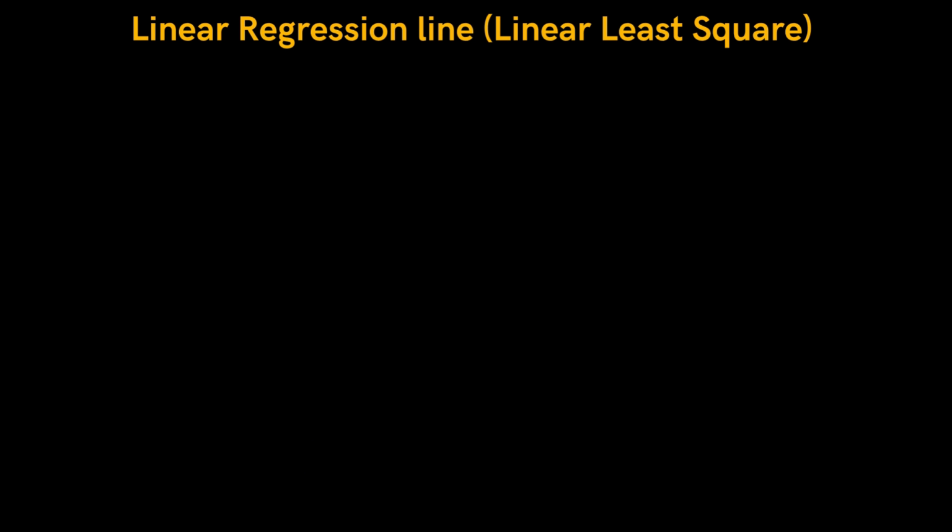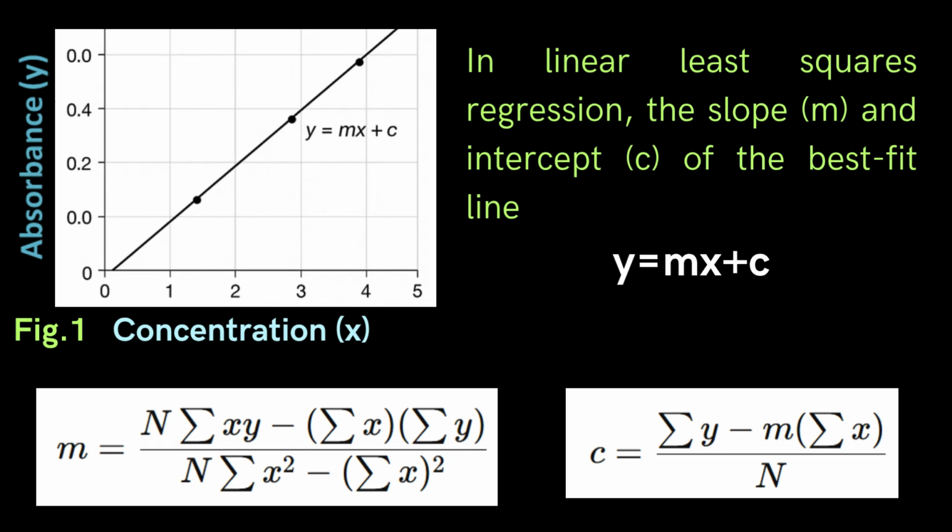is expressed as a linear equation, y is equal to mx plus c, where m is the slope and c is the intercept. Let us see figure 1, a standard calibration curve drawn between concentration and absorbance in colorimetry or UV-visible spectrophotometry, or atomic absorption spectrometry. The linear regression line will be y equal to mx plus c, where m is n into summation of xy minus summation of x multiplied with summation of y, and whole divided by n into summation of x square minus summation of x to the power 2.